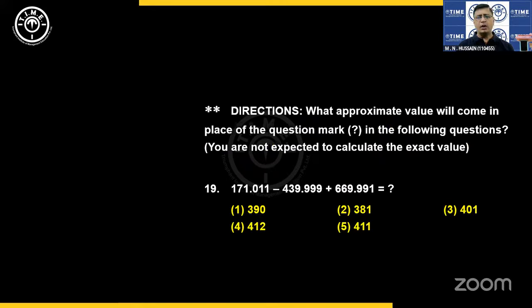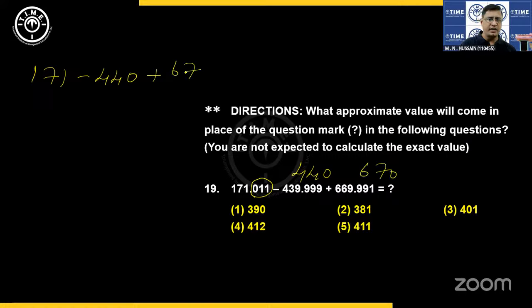Next. What approximate value will come in place of question mark? So in order to find the value, just take the approximate value. 171.011, that is 171. Ignore the decimal part. Minus 439.999 means 440. So minus 440 plus 669.991 means 670.